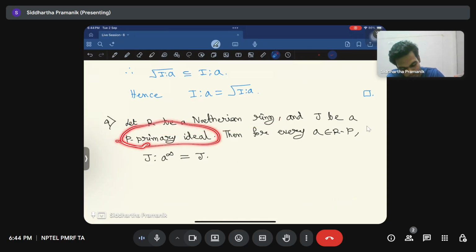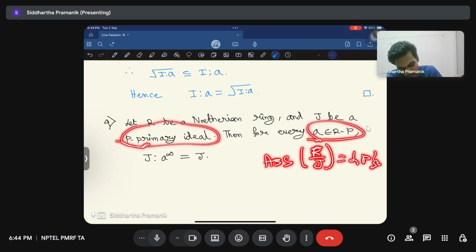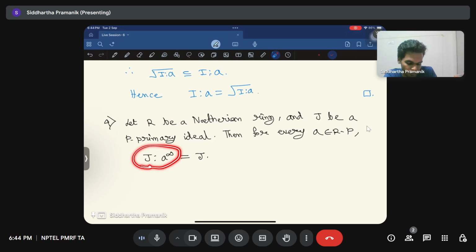So J is a primary ideal, and the associated prime of R mod J is basically the singleton set P. So what we have to prove is that for every A which is not in P, if we take the saturation of J with respect to that element, then that saturation has to be equal to J.